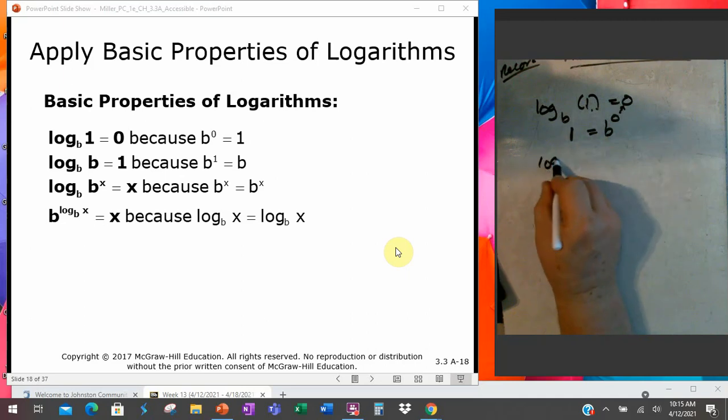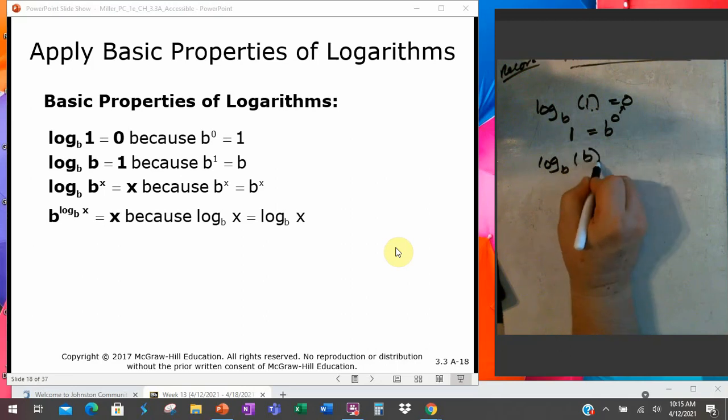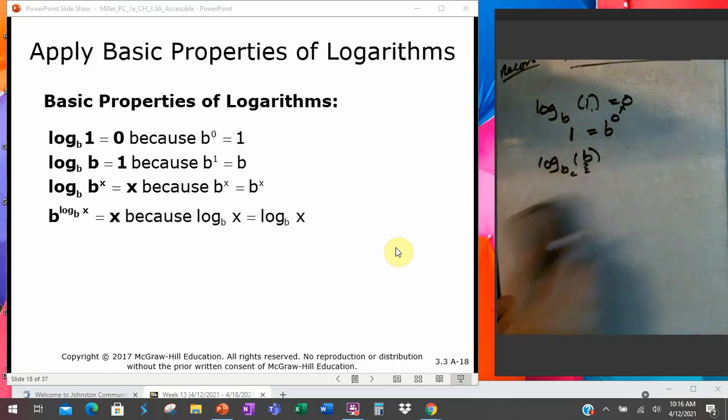What about the log of b? Let me do a couple of examples.